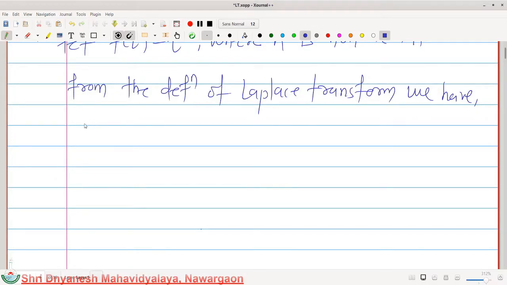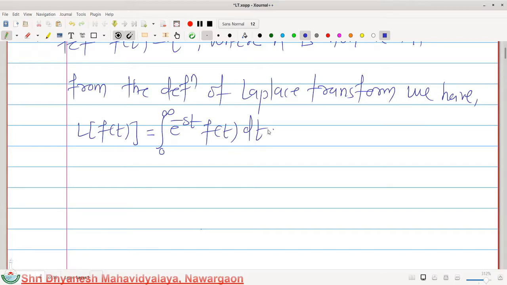It is L of f of t equals integration from 0 to infinity e to the power minus st f of t dt.